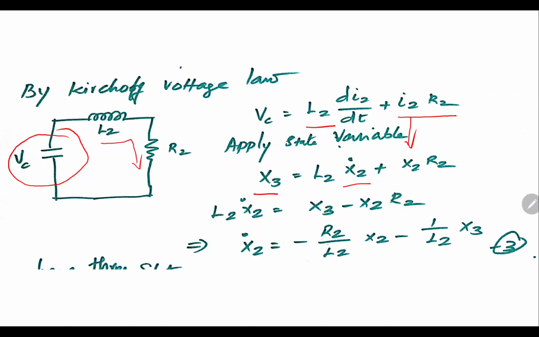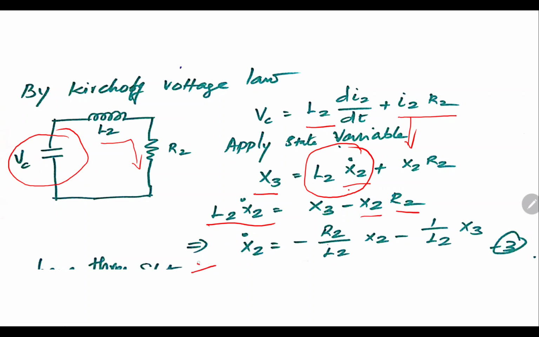So x3, that is Vc, is equal to L2 x2 dot plus x2 R2. We need only x2 dot, so I am keeping that as it is and moving x2 R2 to the left hand side. I get L2 x2 dot is equal to x3 minus x2 R2.